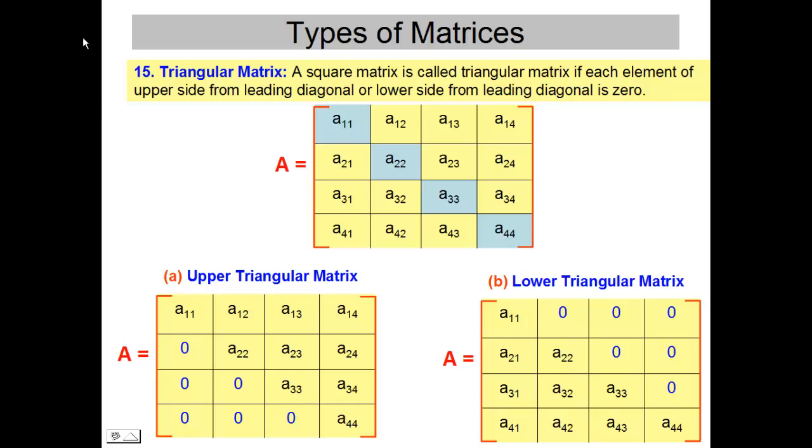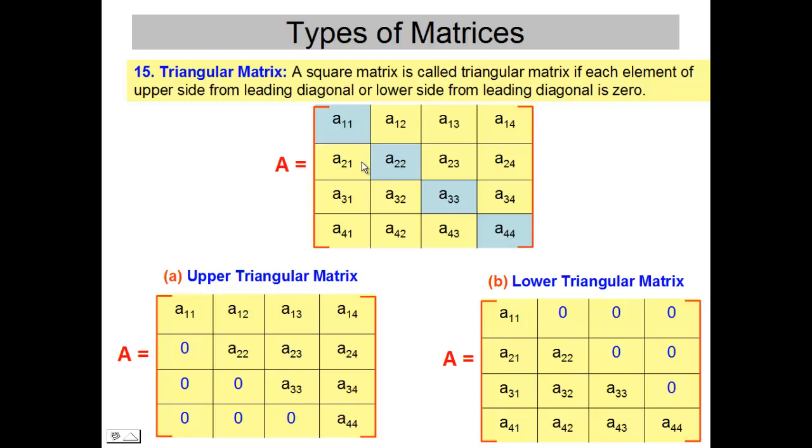The 15th matrix type is the triangular matrix. A square matrix is called a triangular matrix if each element on the upper side of the leading diagonal, or on the lower side of the leading diagonal, is 0.